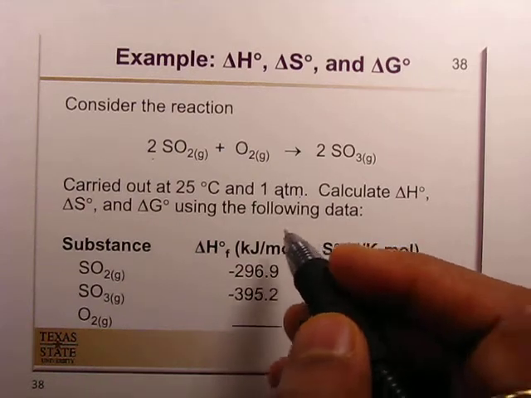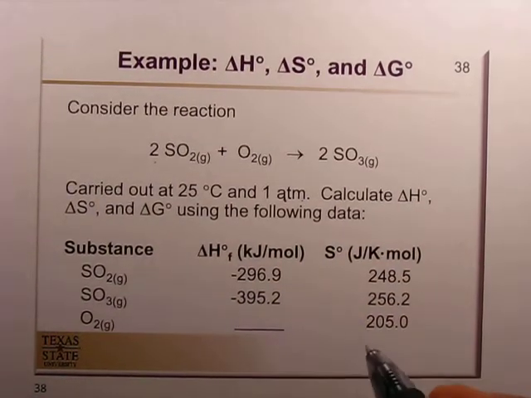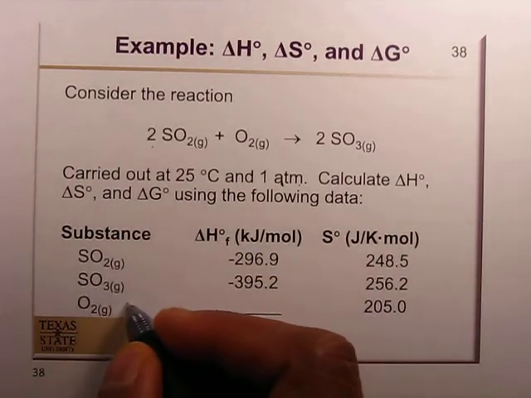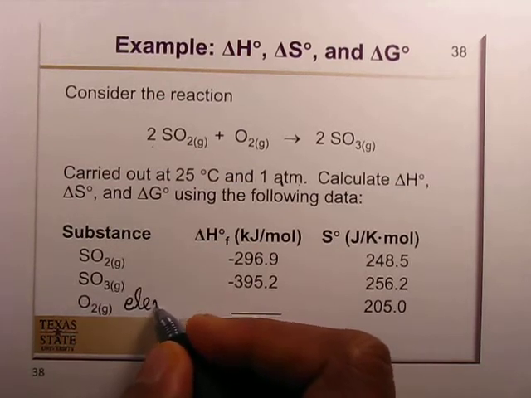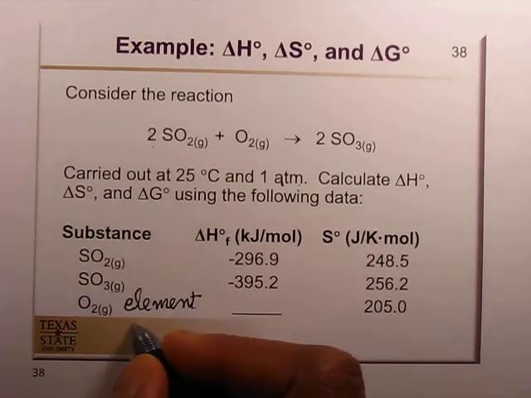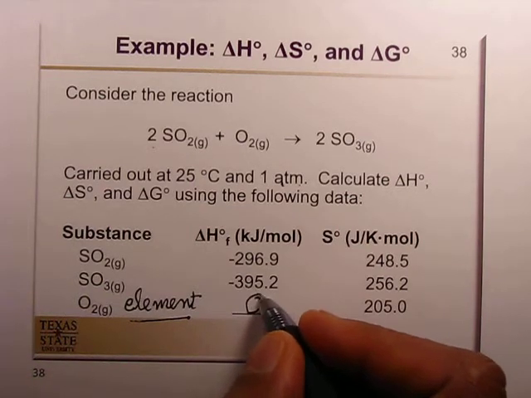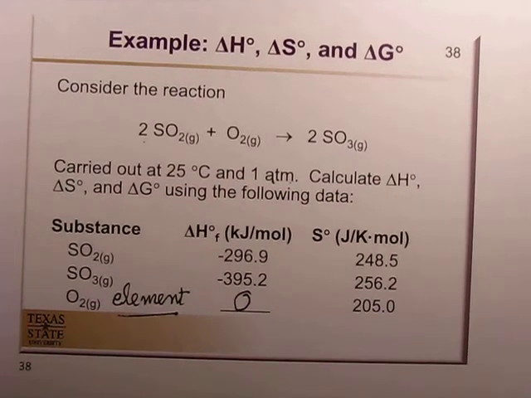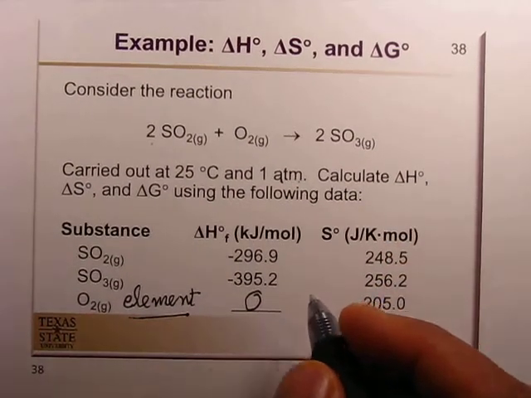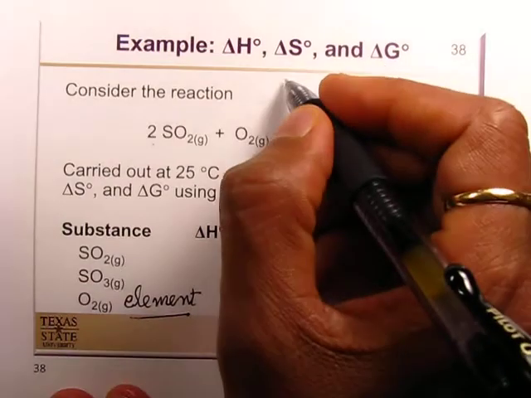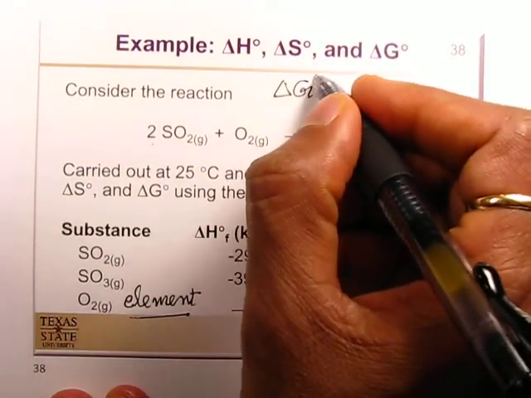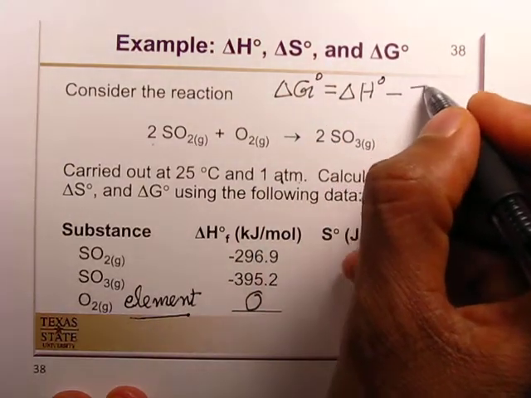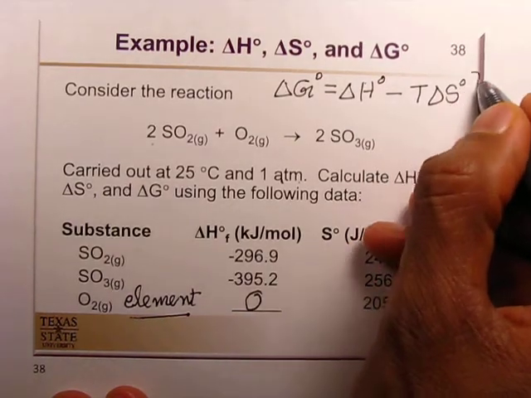For oxygen it is not given, but this is pure oxygen, in elemental form, and if it is in elemental form, the value will be 0. This is one thing we have to figure out. Then the formula: delta G standard will be equal to delta H standard minus T delta S, right?